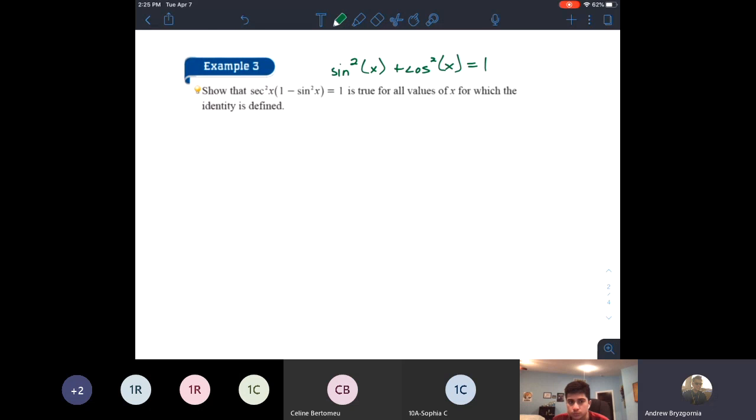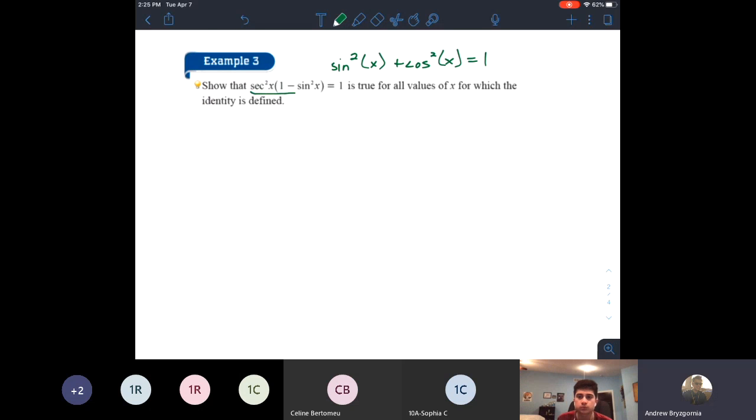Now, looking at the equation that we have here, I noticed that if we take this equation that I've written in green, we can rewrite that so that we can make a substitution. Specifically, if we subtract sine squared from both sides, we can rewrite that into cosine squared of x equals 1 minus sine squared.